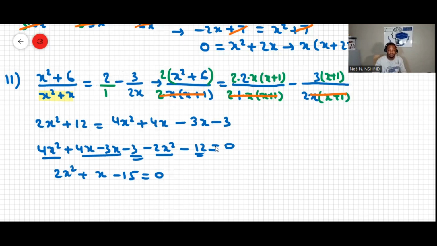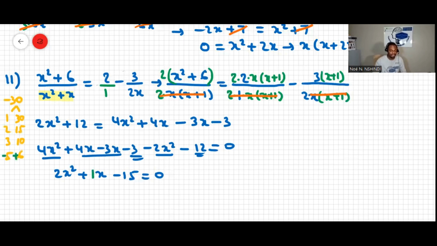We do 2 times negative 15, which is negative 30. And now the factors of 30 are 1 and 30, 2 and 15, 3 and 10, 5 and 6. So to get a sum which will make positive 1, it's negative 5 and positive 6.